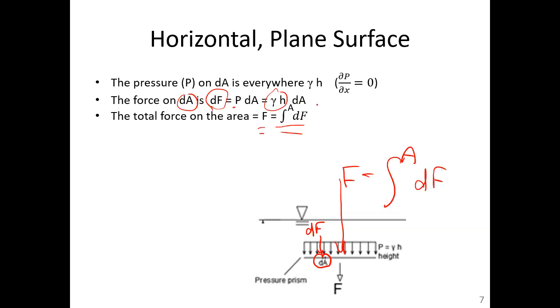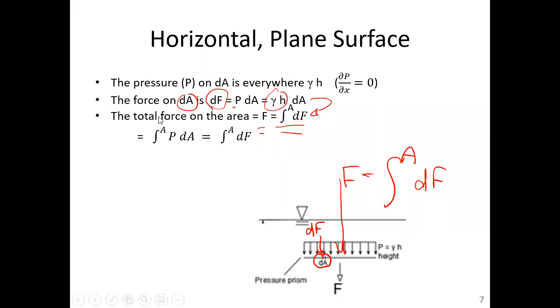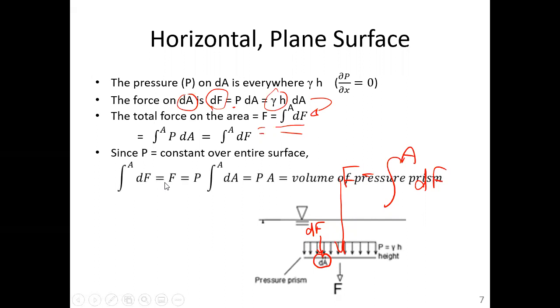And what we can do is now put this substitution into dF. So the integral over the area of P dA is going to give us the integral over the area of dF. When we make that substitution, the integral over the area of P dA, which is gamma h dA, the pressure everywhere is constant, so we just pull that out of the integrand.